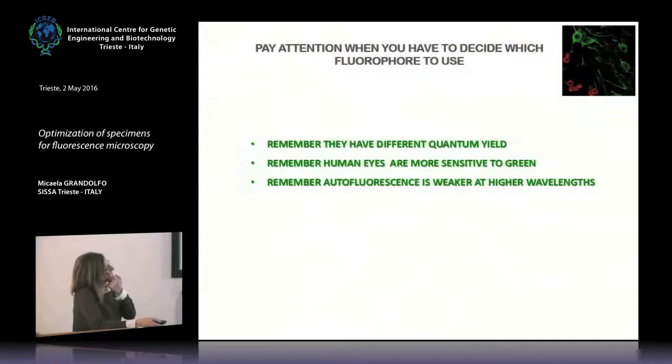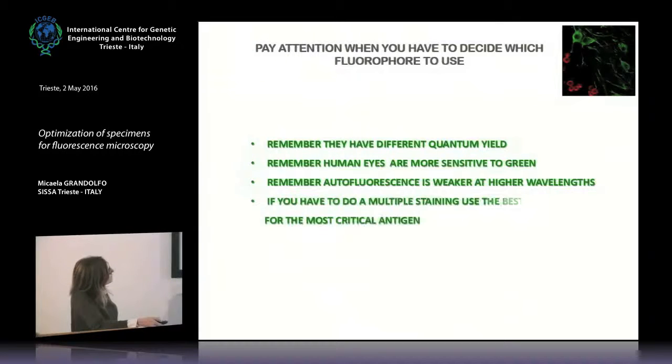Remember that autofluorescence is weaker at higher wavelengths, so play with different fluorophores if you cannot remove the autofluorescence in your sample. And if you have to do a multiple staining, this is very important, use the best fluorophore for the most critical antigen, okay?